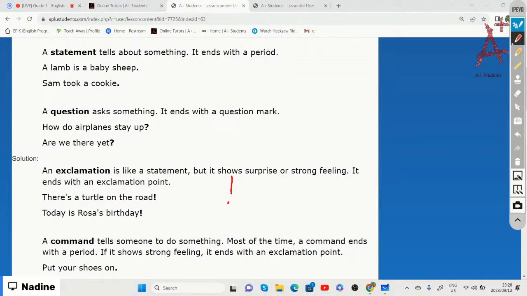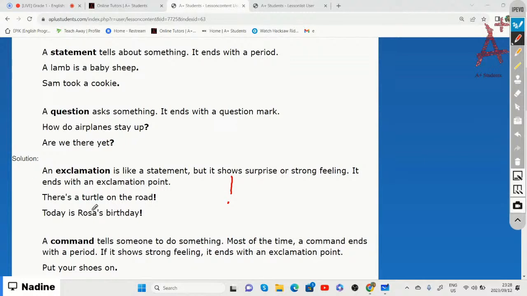Sometimes it shows excitement, or it can even show that you are angry. That is why we're saying it shows strong feeling and it ends with an exclamation point.